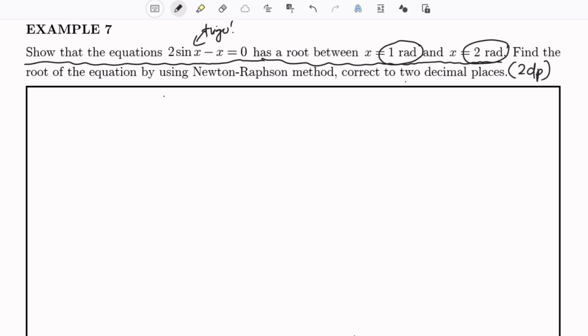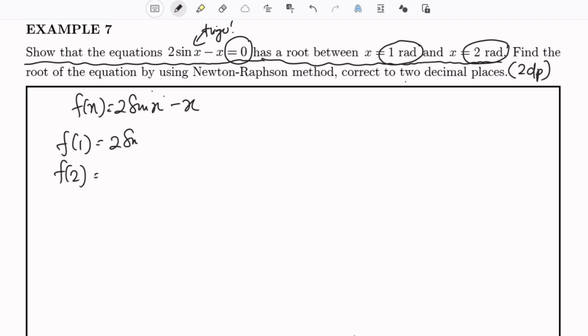So take out the function. Make sure the right side is 0. So f(x) equal to 2 sin x minus x. So f(1), f(2). Substitute into the equation, and make sure you use proper brackets. So get the value. This will be 0.682.